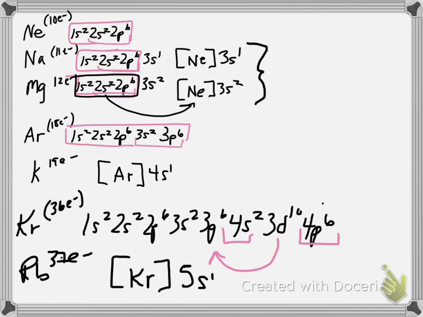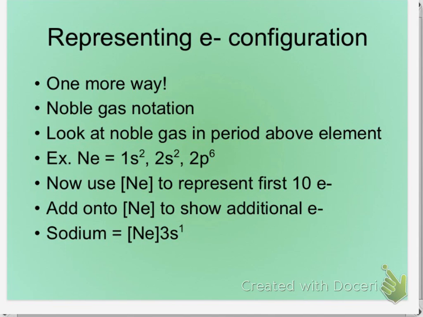Until the point when the little bell goes off and the lights all go on and it's really easy and fluent, you may need to write them to do these other forms of notation. But as you get more fluent, the shortcuts are what you will use, I promise. Okay, so this is the last shortcut that you learn in this chapter, and it's called noble gas notation.